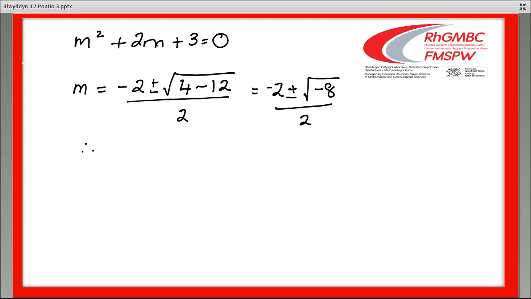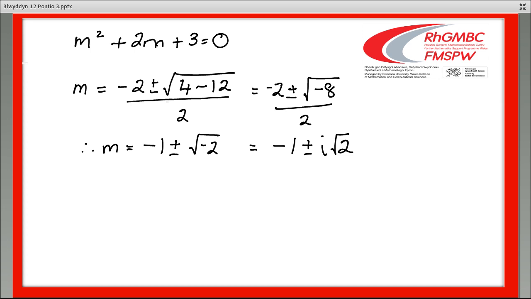So therefore m equals 1 plus or minus the square root of minus 2, which is 1 plus or minus i root 2.